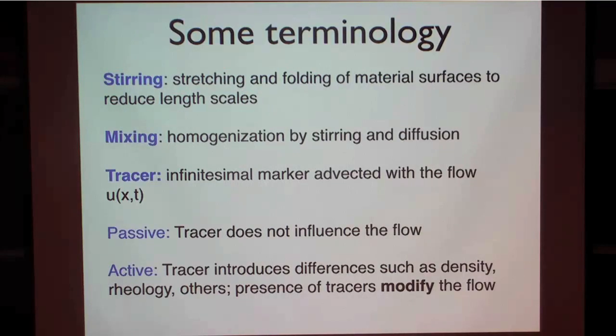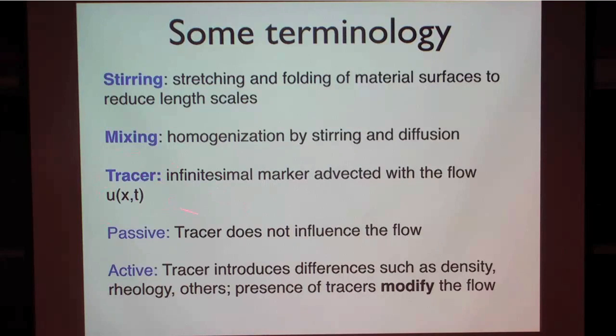That's really a mechanical process in which the material's surfaces are elongated and the length scale of the heterogeneity is reduced mechanically. Because diffusion really only occurs at the very finest scales in the mantle, we probably should always refer to this as stirring, and yet we casually convolve these two terms. So I'll continue to use both stirring and mixing through this talk.